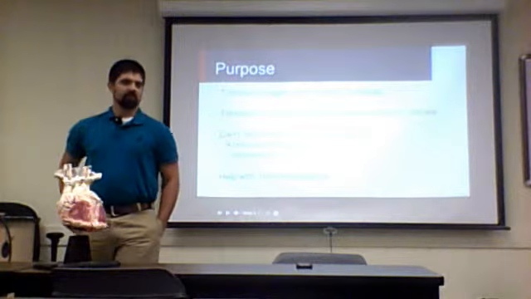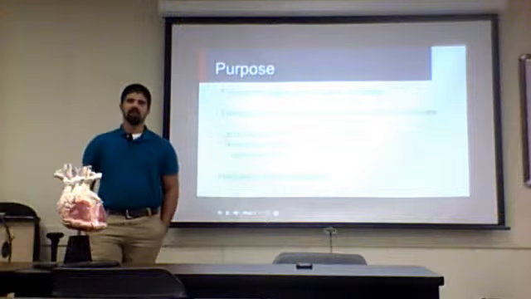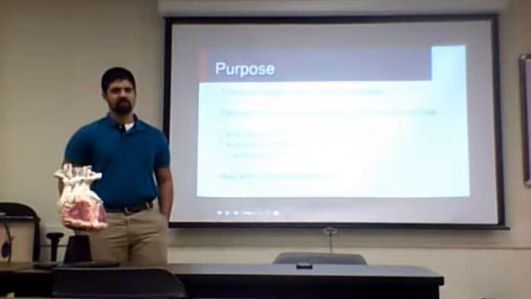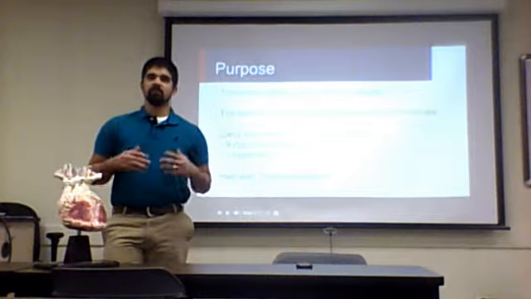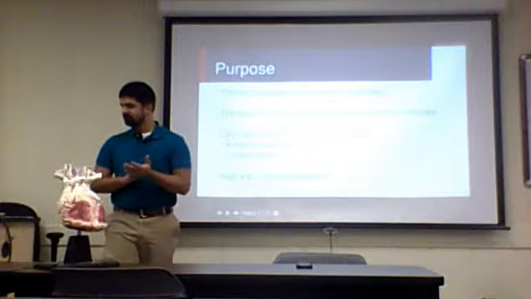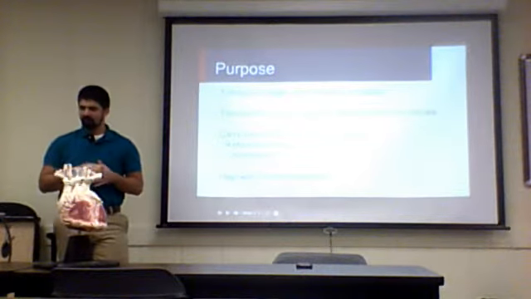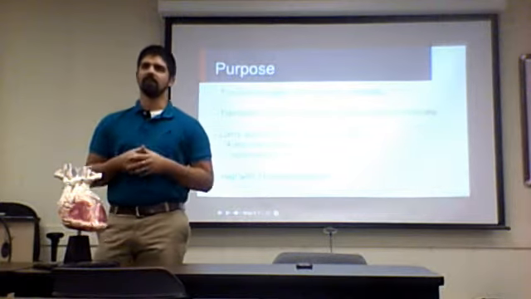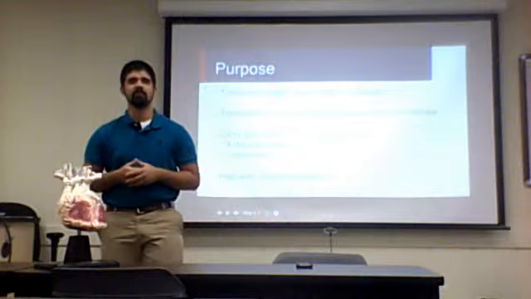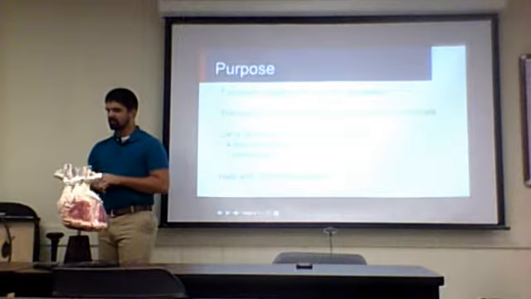Another big function of the cardiovascular system is thermoregulation. Now that's kind of a bigger word, but really what it means is it helps to regulate your temperature. You have receptors all through your body that pick up on pressure, with baroreceptors, or thermoreceptors that pick up on temperature.